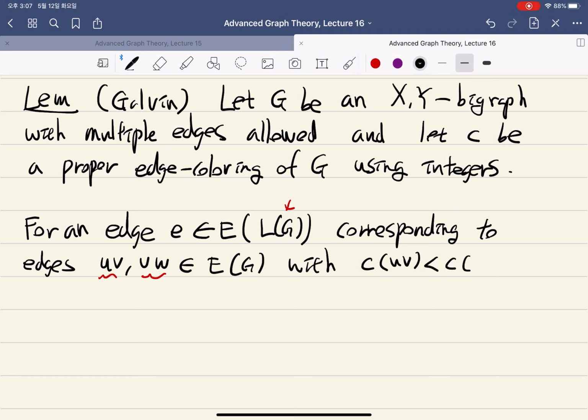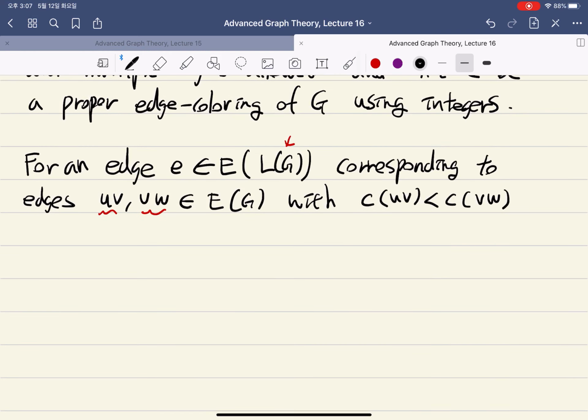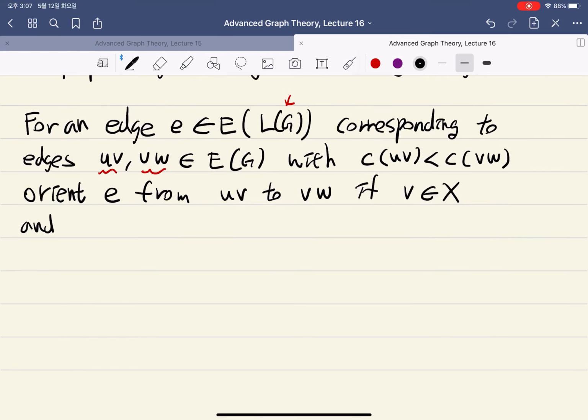Say UV is colored with the number strictly smaller than VW. We orient this E from UV to VW if V is in X. And we orient it from VW to UV if V is in Y.